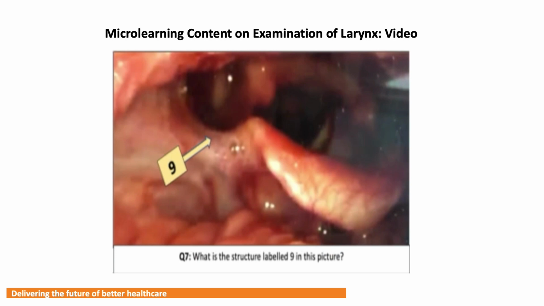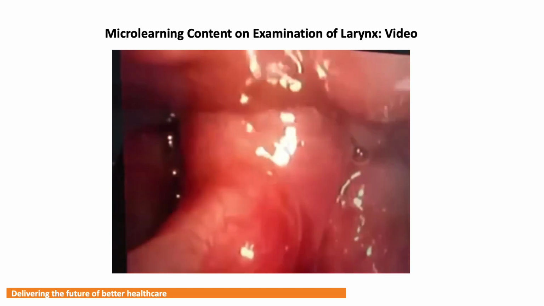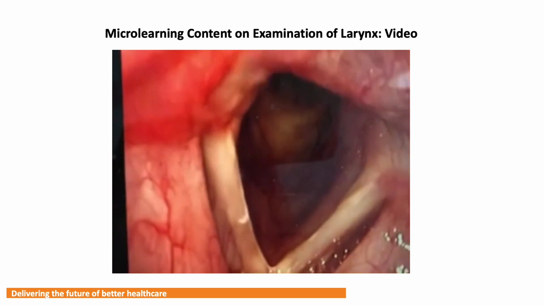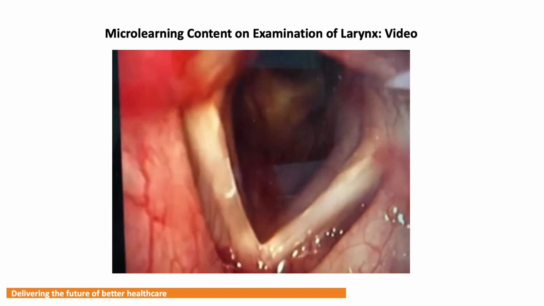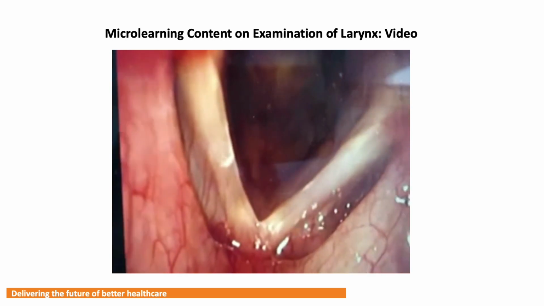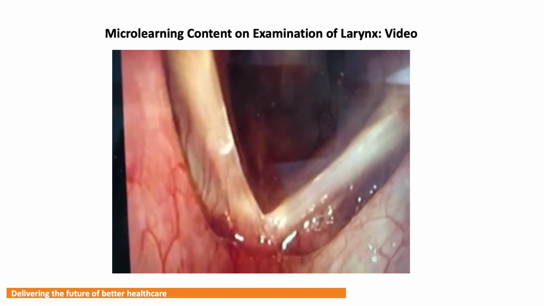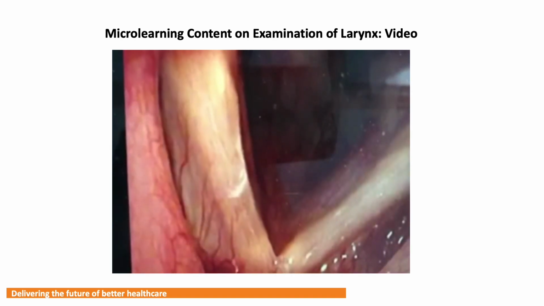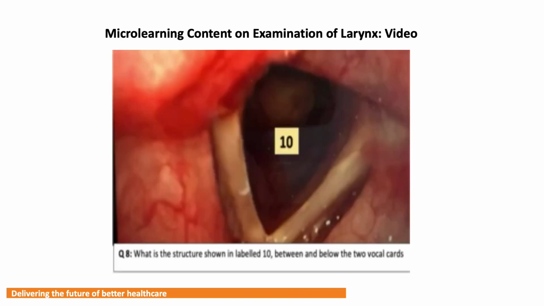What is the structure labeled 9 in this picture? Question number 8. What is the structure shown in label 10 between and below the two vocal cords?